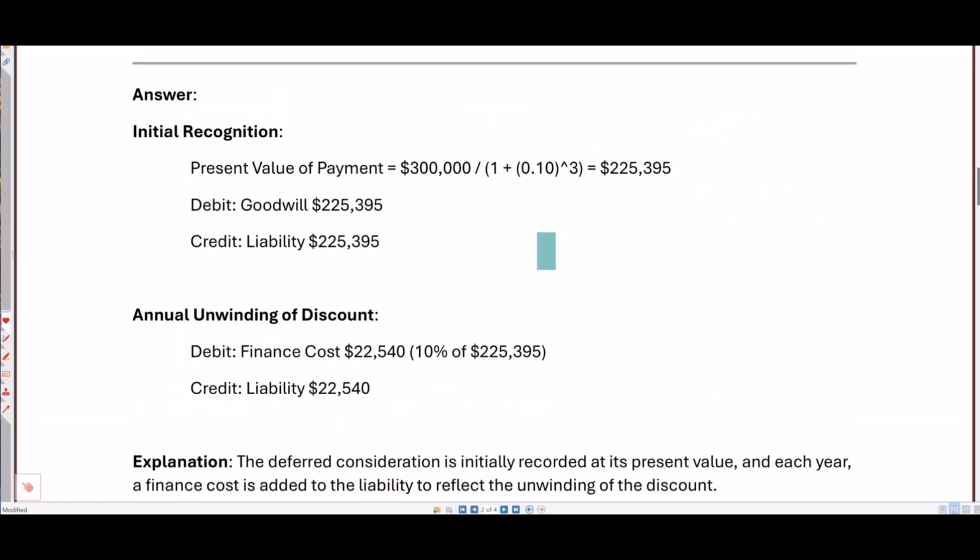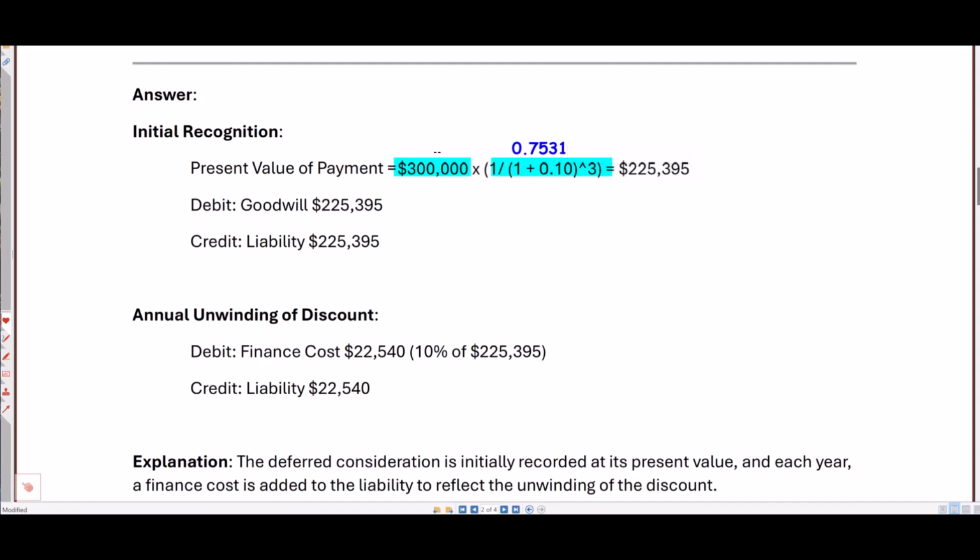So looking at the answer, the present value is going to be 300,000 times 1 over 1 plus 0.1 to the power of 3, which will come to what we had last time, which was 0.7531.